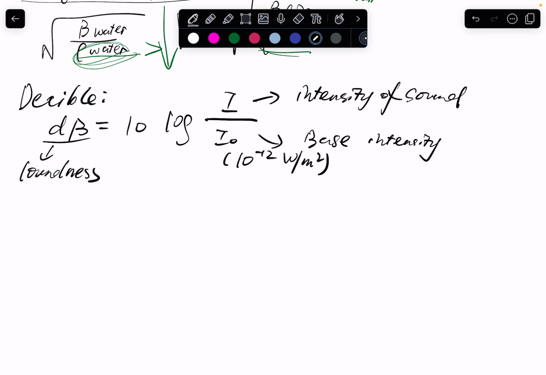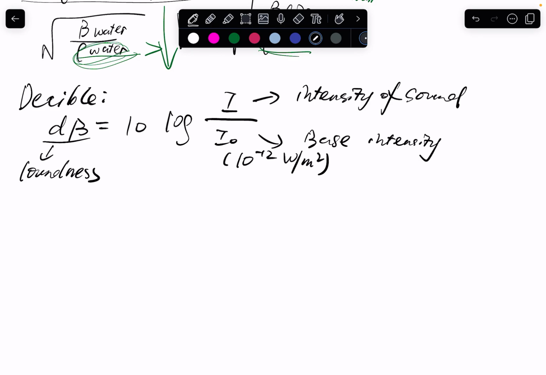The MCAT doesn't often have those plug-in questions, where they provide two variables and ask you to compute the third variable. That's pretty rare. They do it with Doppler's effect, but not in this case. Here, they would test you in a more nuanced, tricky way, testing how you can manipulate the logarithm.